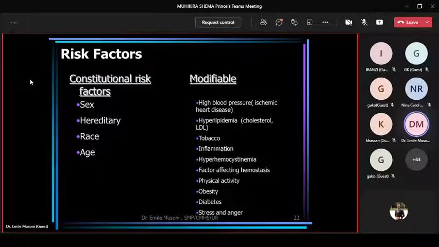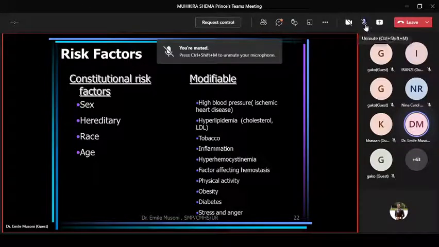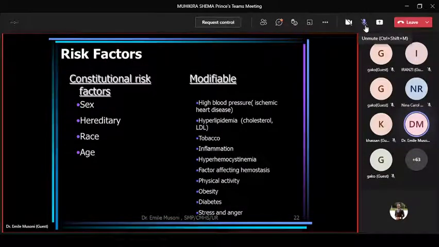Meaning that a permanent stress, it doesn't mean a stress of 1 minute or 2 minutes will cause atherosclerosis. It must be a permanent stress. Permanent anger of 1 minute will not cause atherosclerosis.